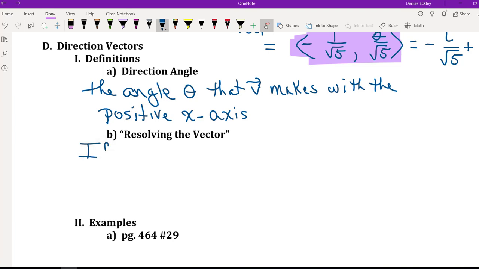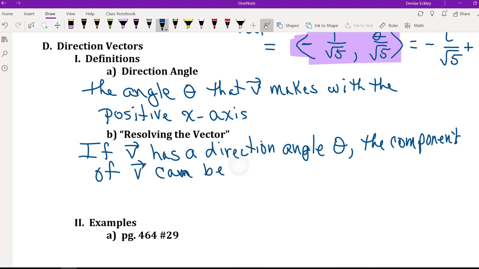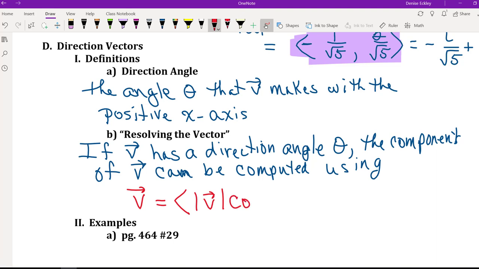What that comes down to is, if v has a direction angle theta, the components of v can be computed using, so we can write v in this way: the magnitude of v times the cosine of that direction angle, and then the magnitude of v times the sine of that direction angle.